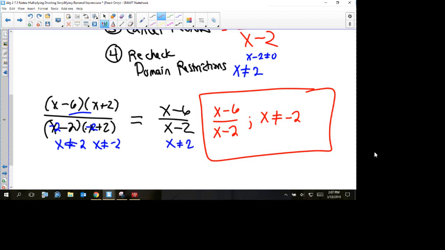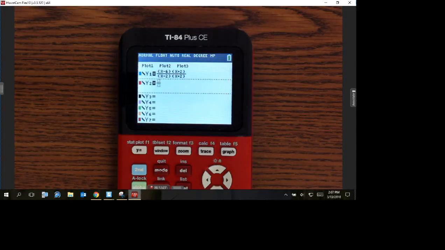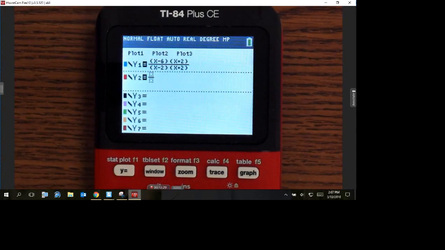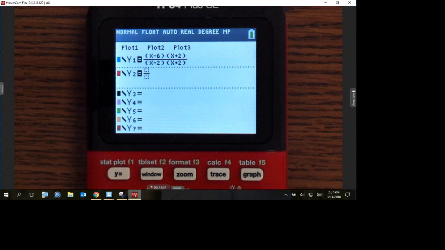You don't need to grab your calculator. I'll just do this real fast. You just watch once I pull it up. So what I'm doing is I'm going to type both equations in here.